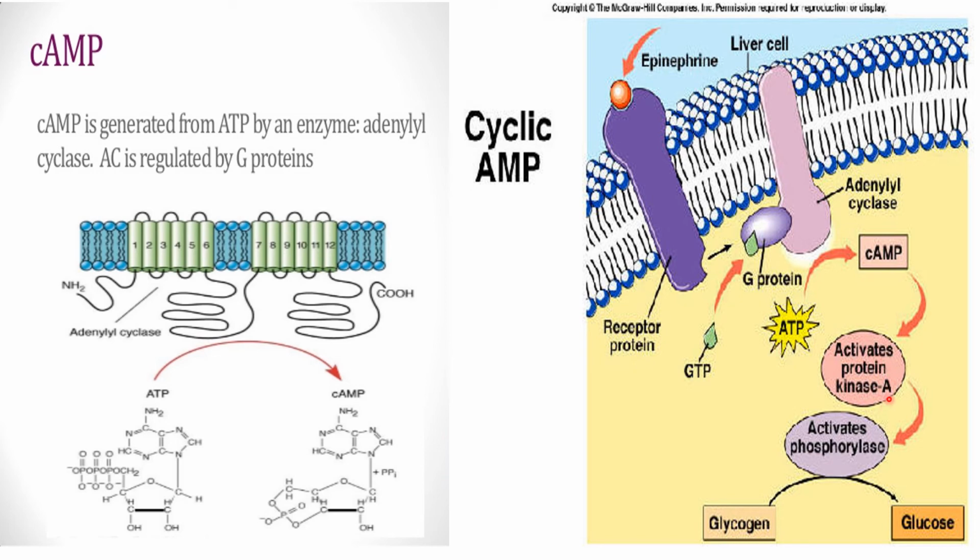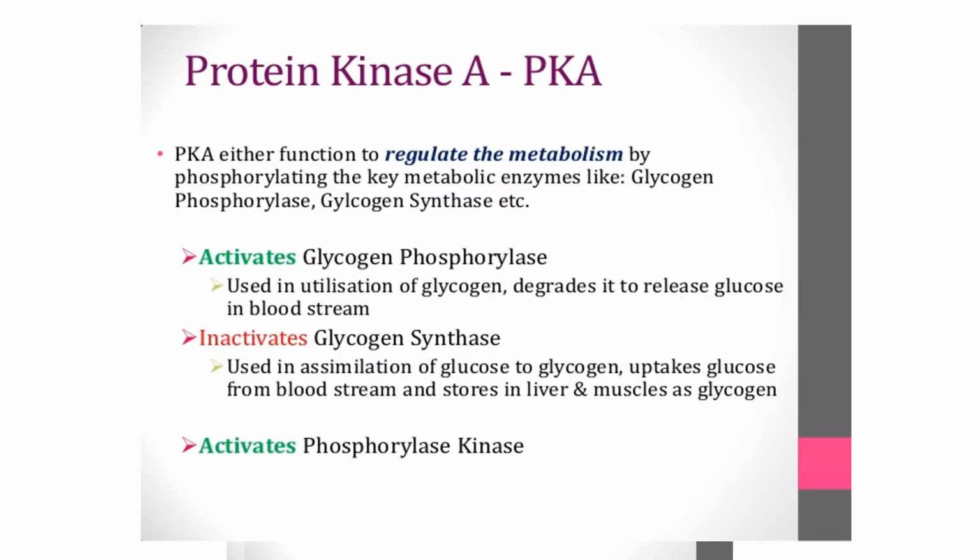For example, if protein kinase A is active, one example is that glycogen can be converted to glucose, or you can say glycogen breakdown takes place with the activation of protein kinase A, which also activates the phosphorylase of glycogen for glycogen breakdown.